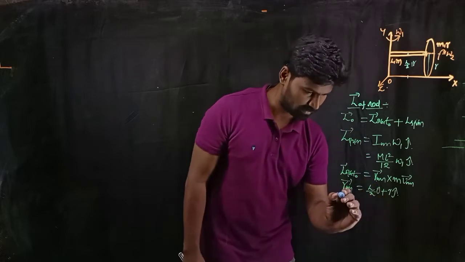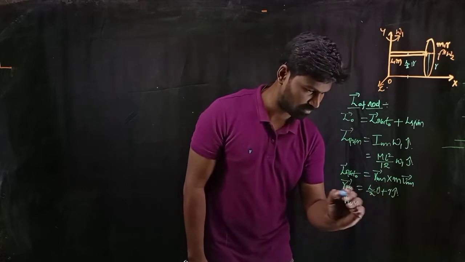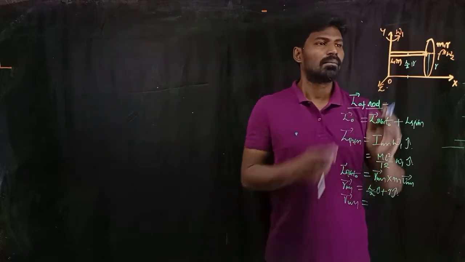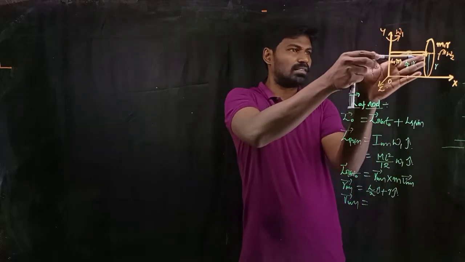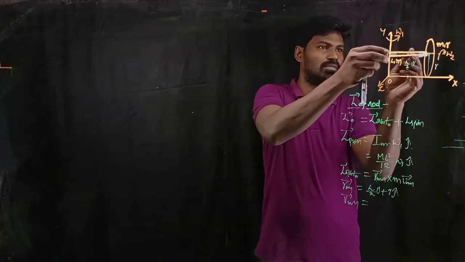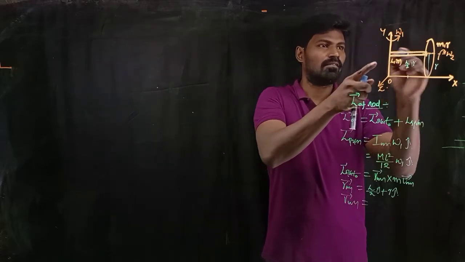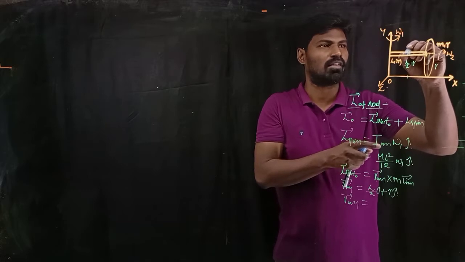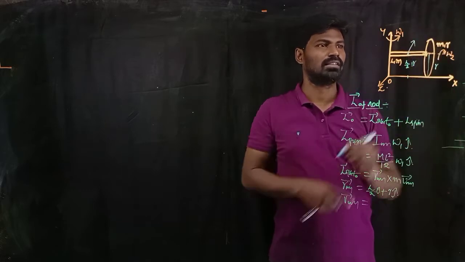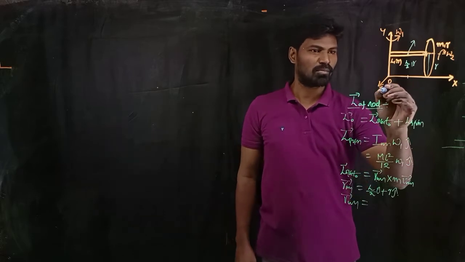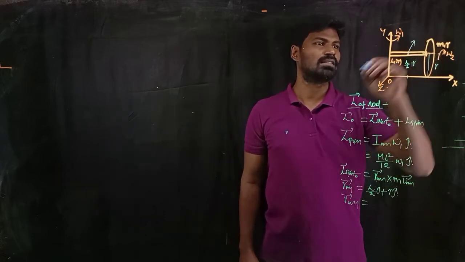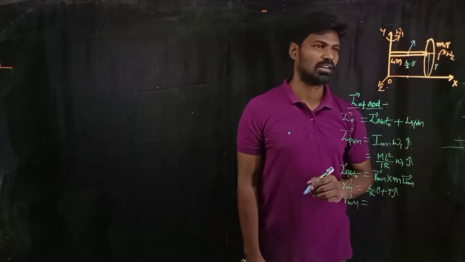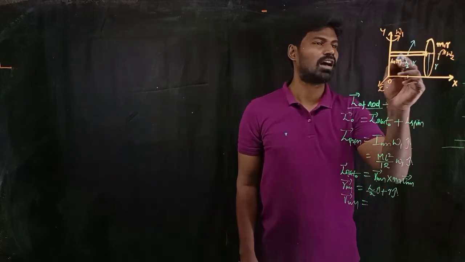In a similar way, let us calculate the velocity of center of mass of rod due to its rotation about y-axis. Because rod is rotating into the plane of the board, the tangential velocity of the center of mass of rod is into the plane of the board like this. Out from the plane of the board is z-axis, into the plane of the board is minus z-axis, because of which it is pointed in negative k cap direction, and its value is given by v is equal to r omega only.